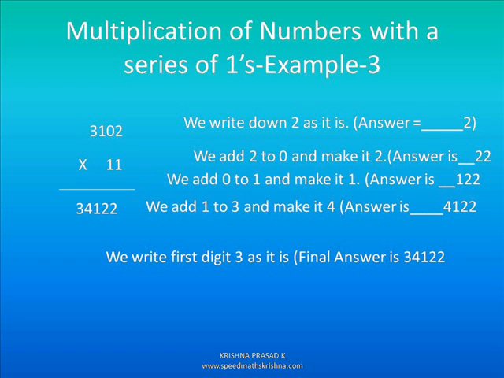The answer is 122. We add 1 to 3 and make it 4. The answer is 4122 with some digits towards the left side. We write the first digit 3 as it is. The final answer is 34,122.